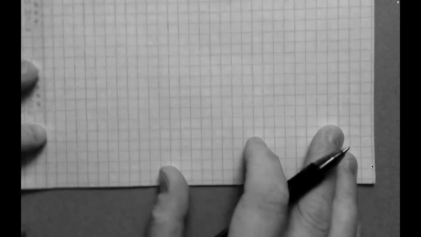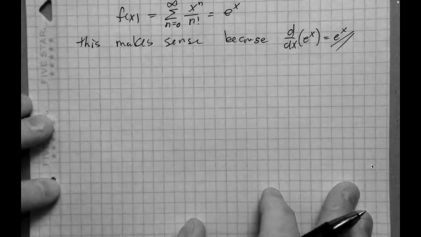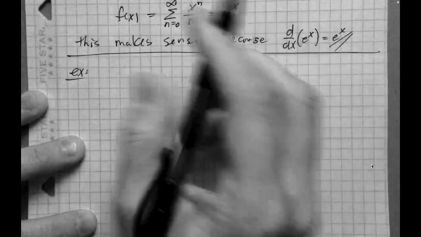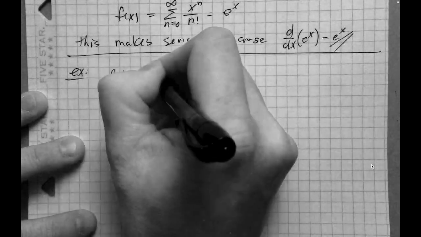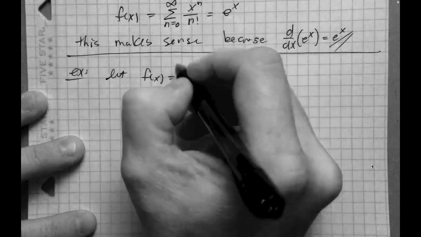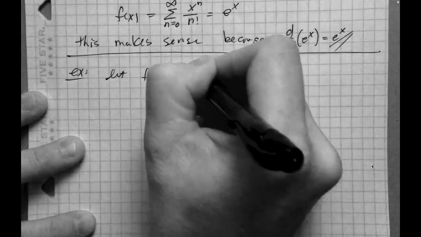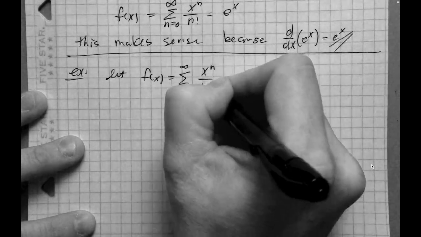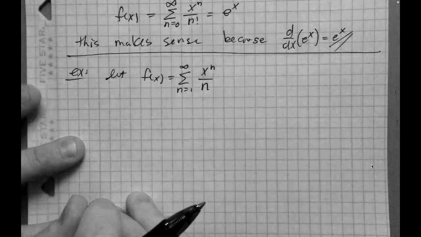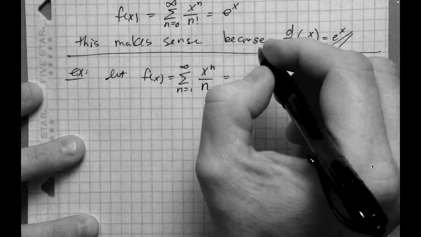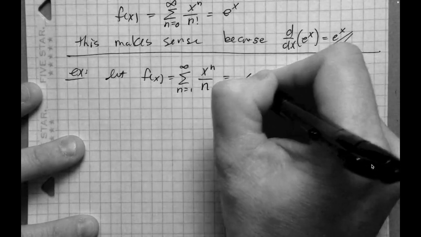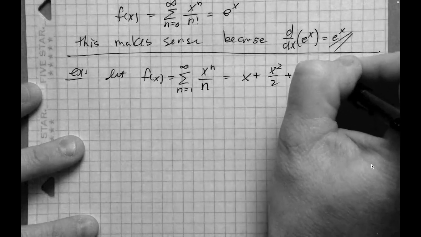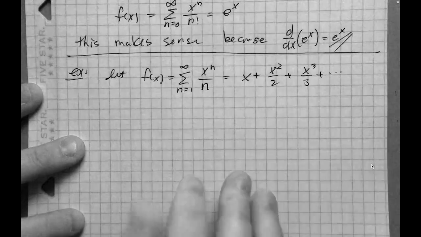Let's take another example. Let f of x equal the sum from n equals 1 to infinity of x to the n over just n this time. So the series looks like x plus x squared over 2 plus x cubed over 3 plus dot dot dot.